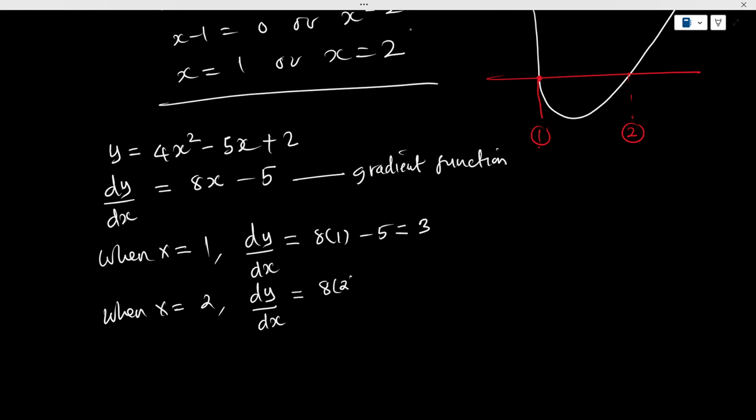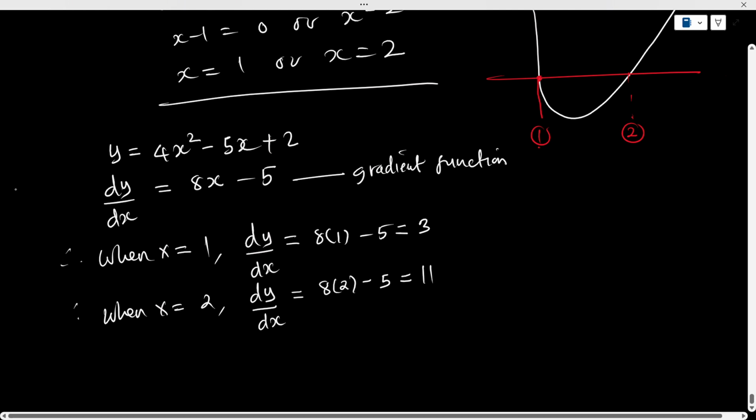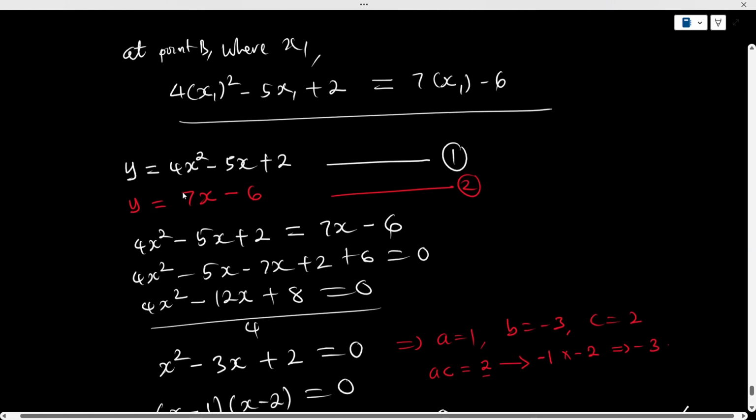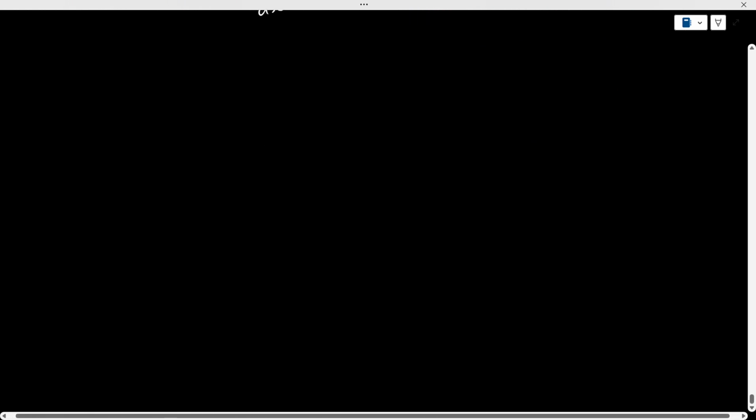So 8 times 2 minus 5, 16 minus 5 is 11. So the gradient is 3 when x is 1, and the gradient is 11 when x is 2. And that should be our final answer. So I hope you remember the process.